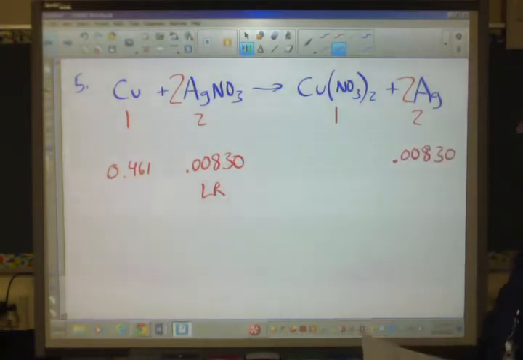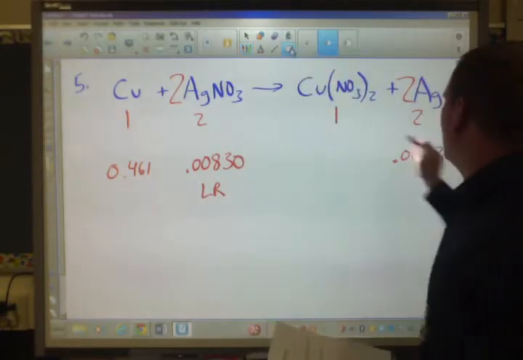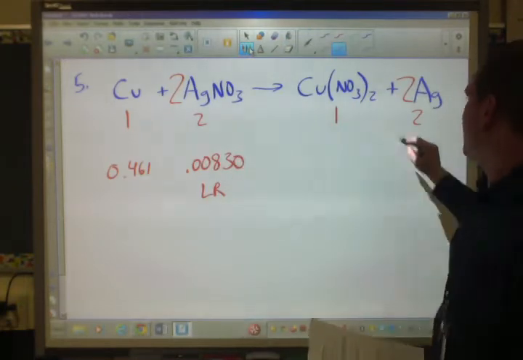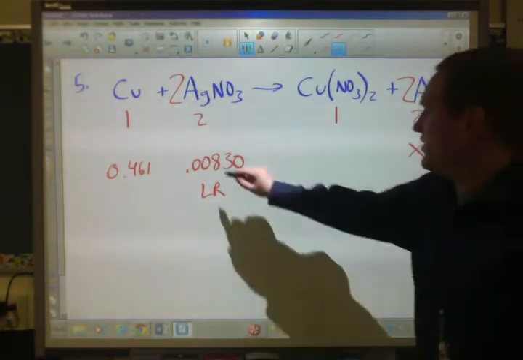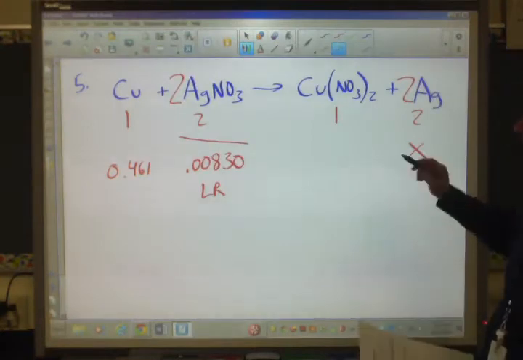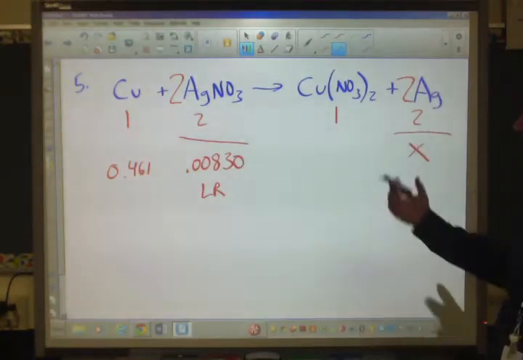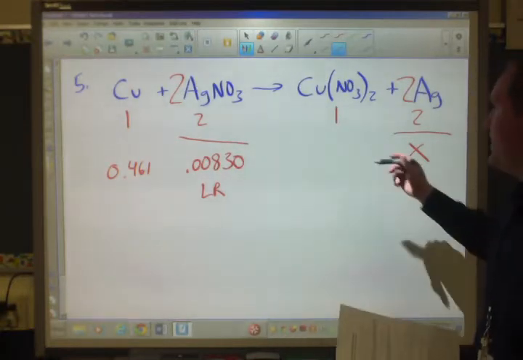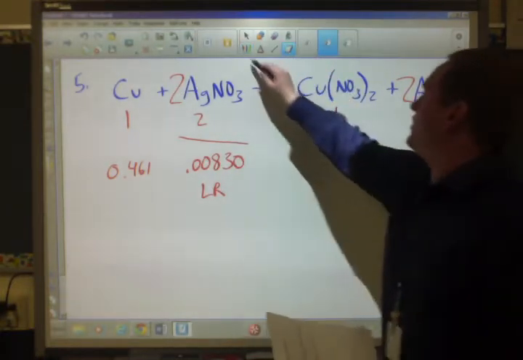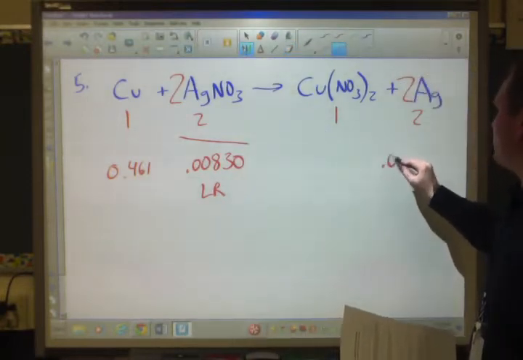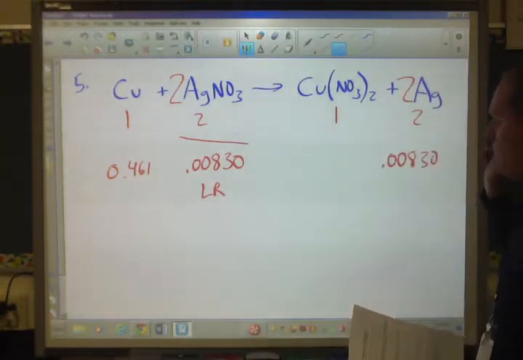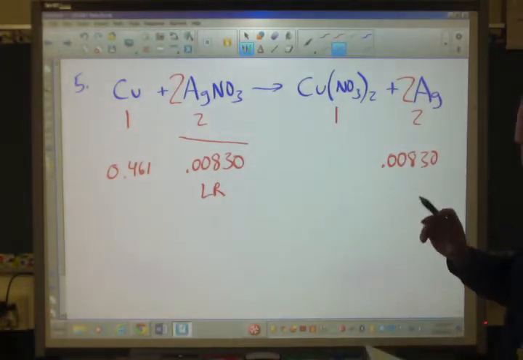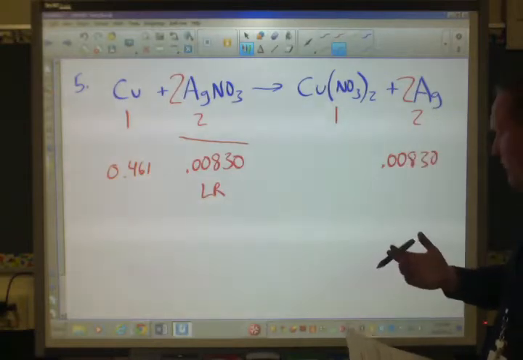If you don't follow what I did there, just set it up as we normally would: 2 over 0.00830 equals 2 over x. Cross multiply and divide, and you get the same answer. So we're expecting this to produce 0.00830 moles of silver.